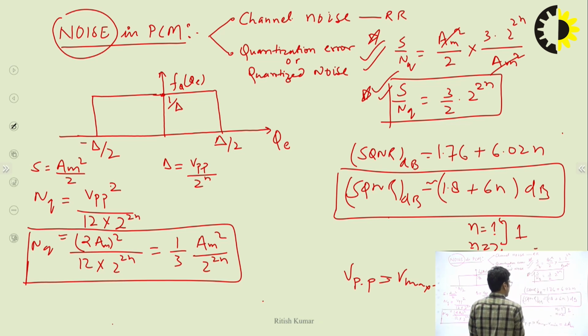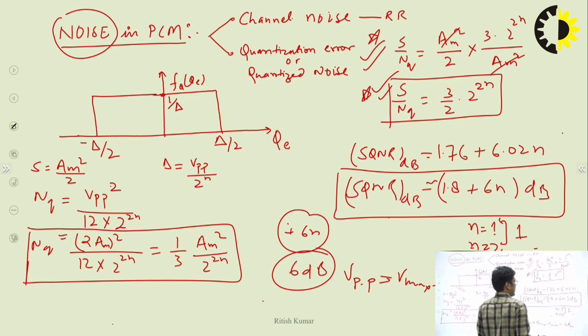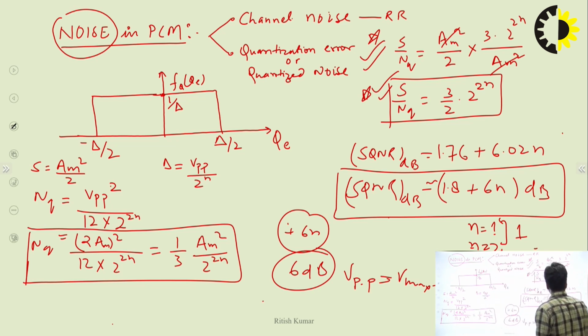You can clearly observe 6, and it is positive here. So 6 dB improvement you will have after increasing the number of bits by 1. If you increase it by 2, then 12 dB improvement you will have in the SQNR.